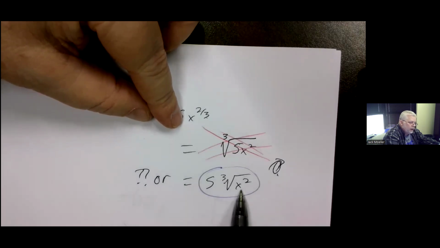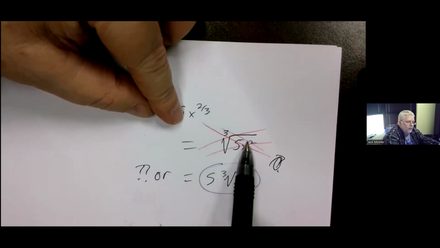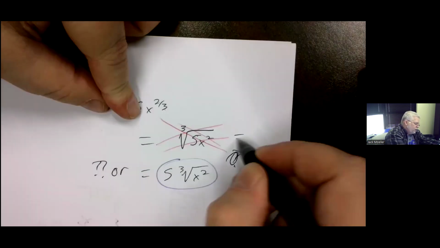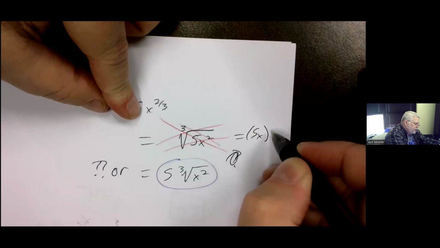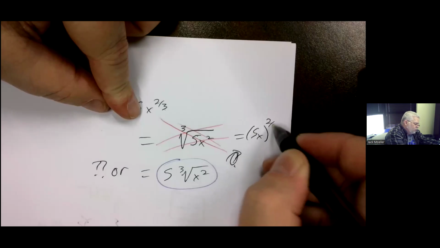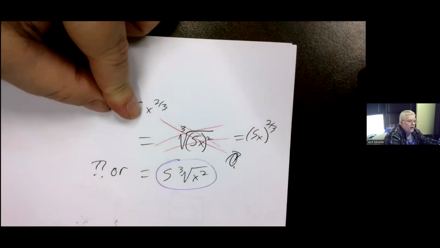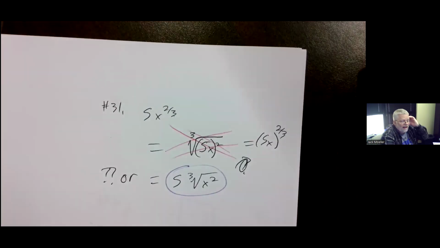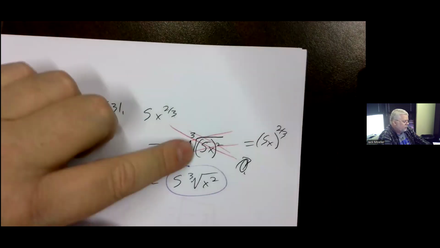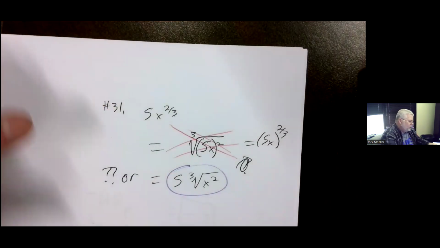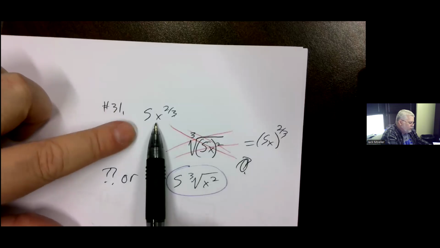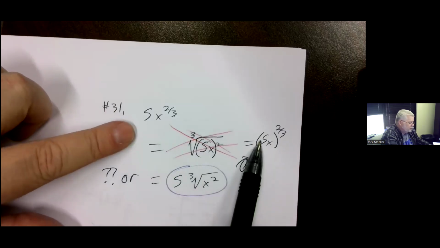So only the x, or in this case, the x squared, should be on the inside. If you want that top one, that would be 5x in parentheses. Well, that would have to be 5x squared, right? Because then the 5 and the x would have to be squared. So that top one wasn't right for anything. So be very careful about whether or not there are parentheses.